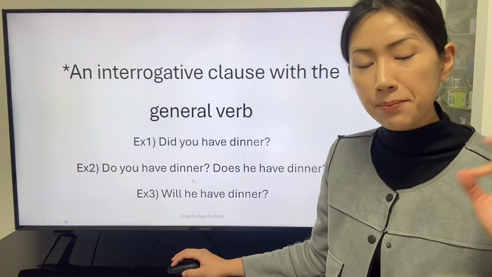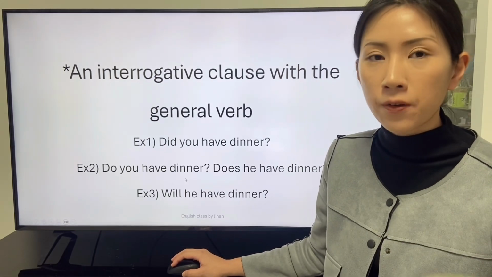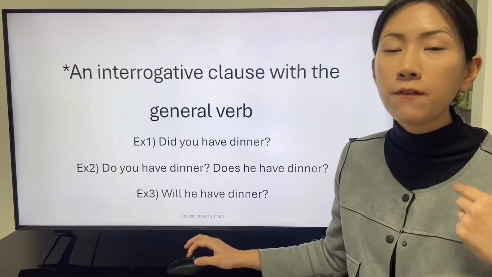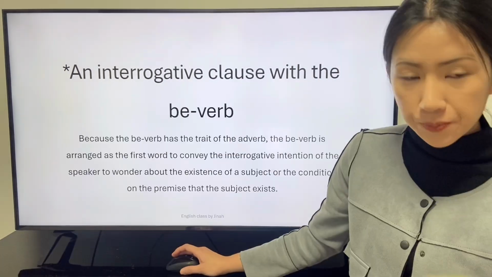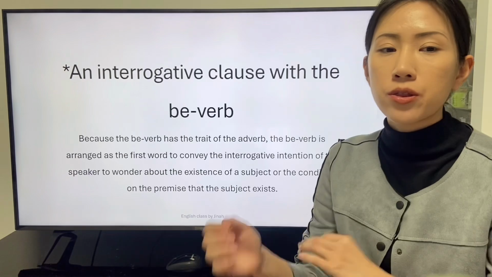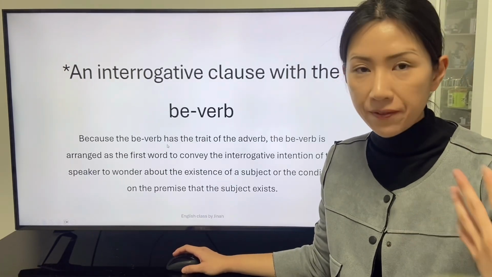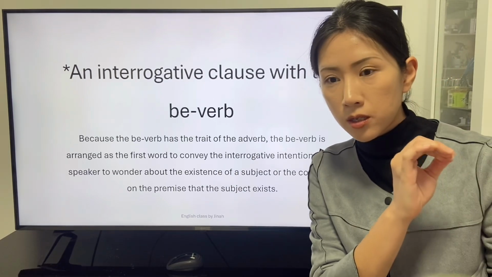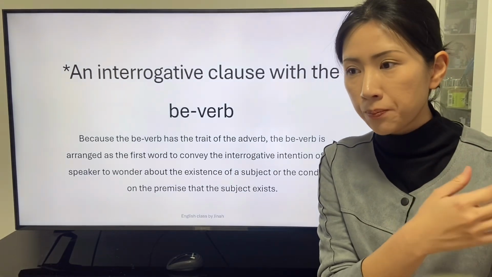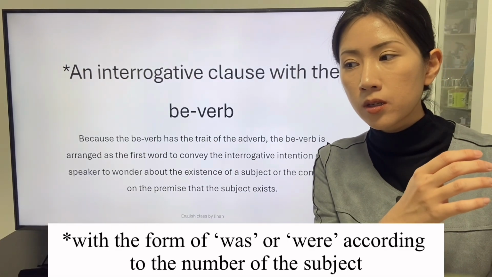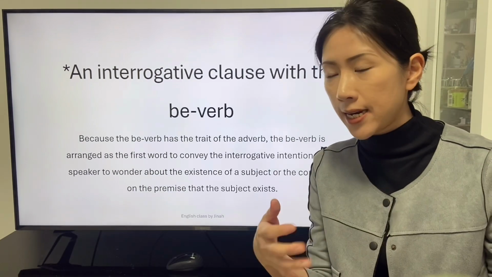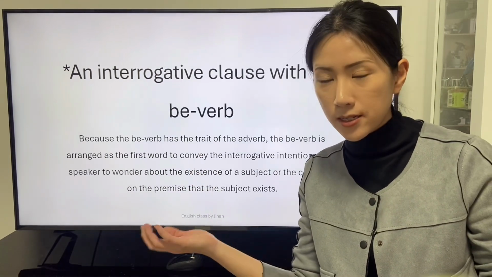The third exemplary clause is about the future of a subject. The interrogative clause with the be verb starts with the be verb in the clause stated in the past tense, in the clause stated in the present tense.